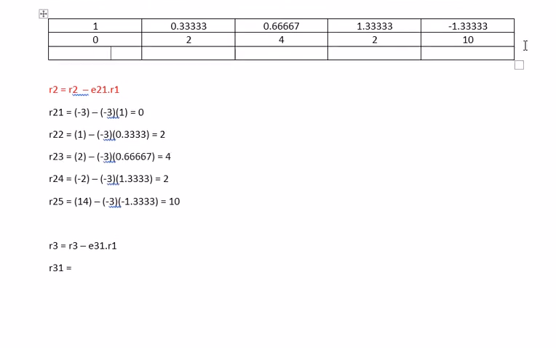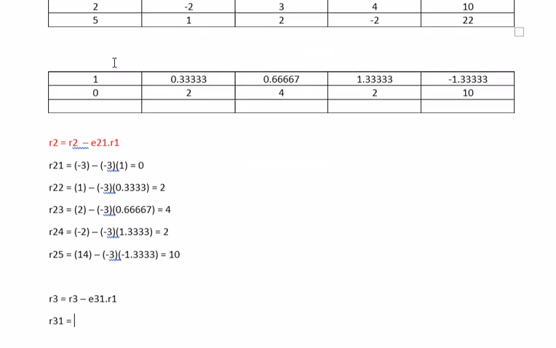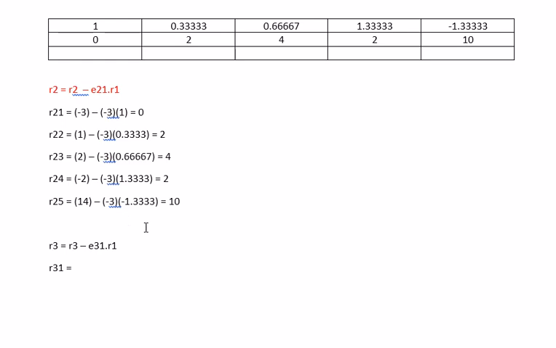So what will be our element in R3? So we have 2 minus, we have here 2 times 1 equals 0.